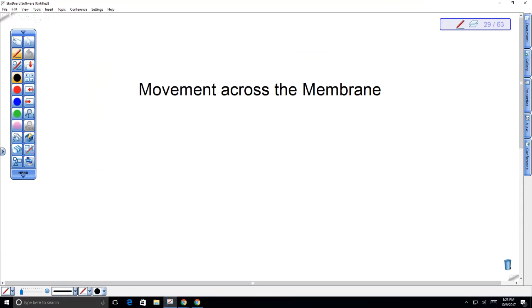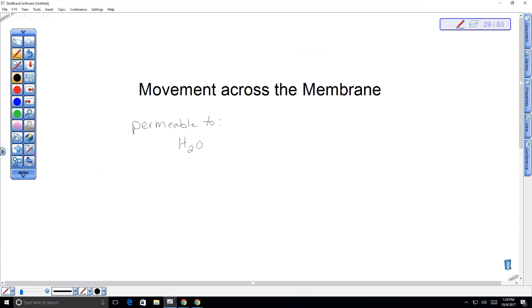So we say that the membrane is permeable to certain things. That means, what can move directly across the phospholipid bilayer without any hindrance at all? One thing that it's directly permeable to is water.